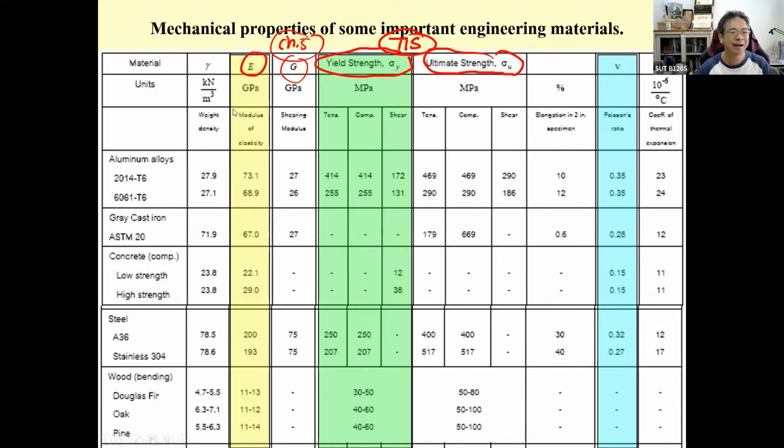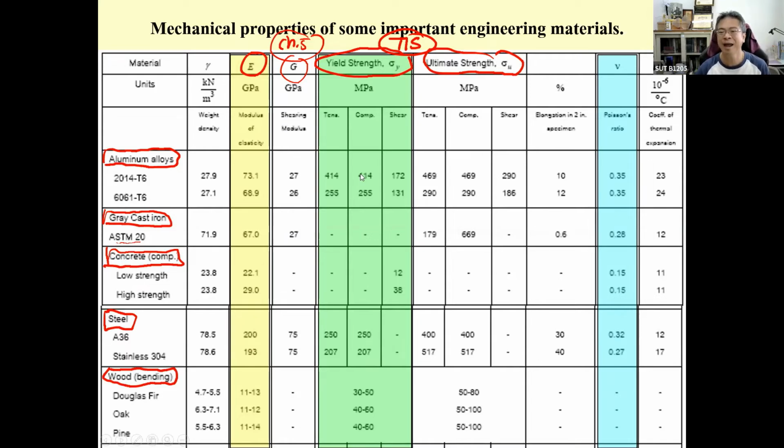Okay, and there are a number of materials: aluminum, cast iron following the ASTM A20, the concrete, the steel, and the wood. So these are different kinds of engineering materials, important ones, and we are supposed to read this table to determine their important behavior.